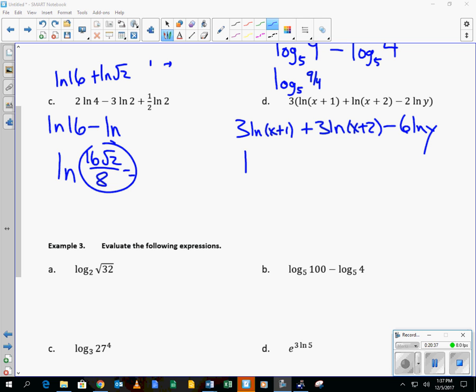Good. So natural log of x plus 1 to the third plus the natural log of x plus 2 to the third minus the natural log of y to the 6th. Now what? Oh, you don't have to multiply that. You can leave it in factor form. Natural log of what?